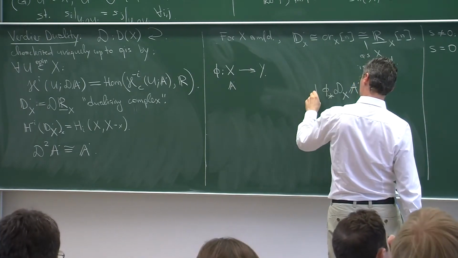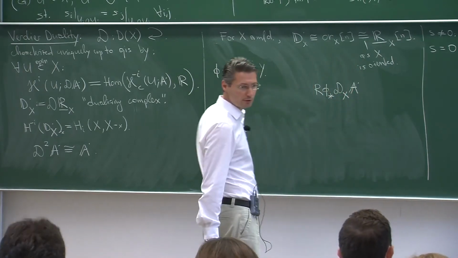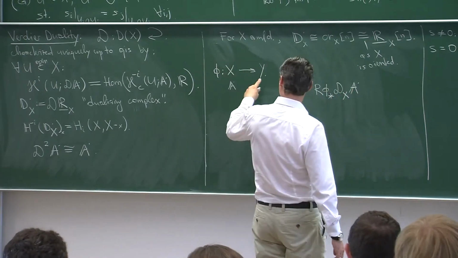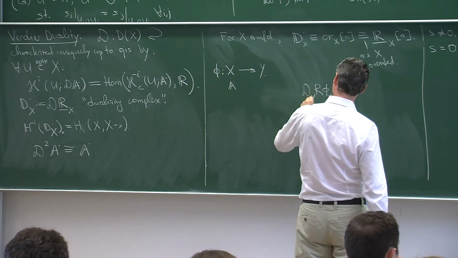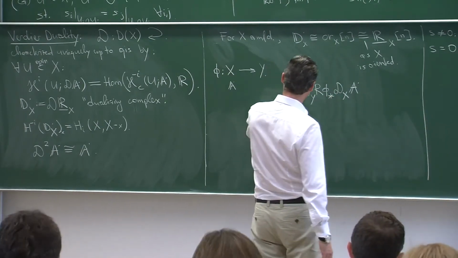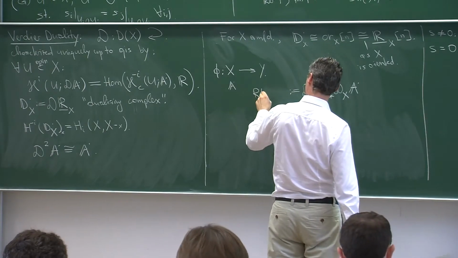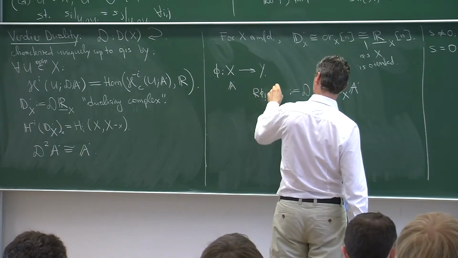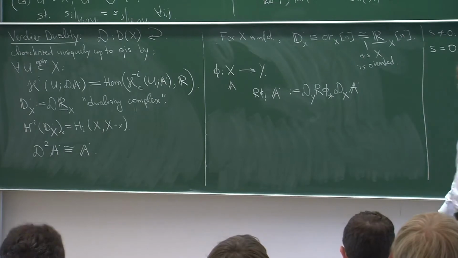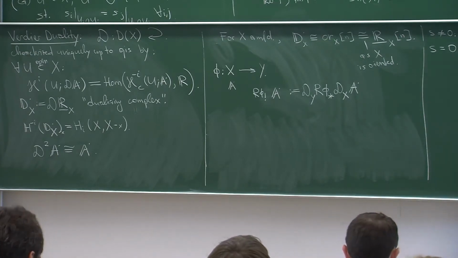But of course, you must use the derived functor of the push forward, as we discussed. Now you are on Y, and now you can dualize on Y. And you get a new functor. This functor is called R phi lower shriek of A. So there's also a shriek push forward by this formula.